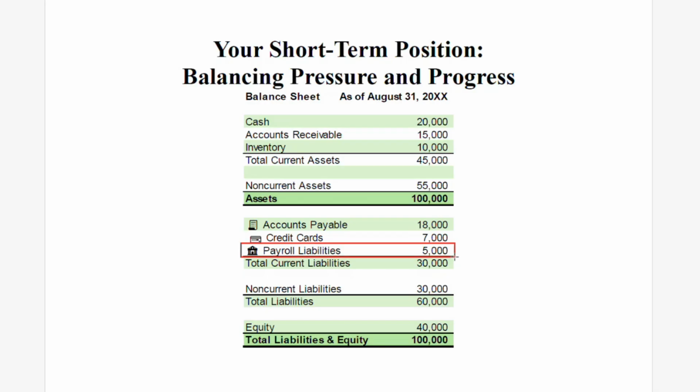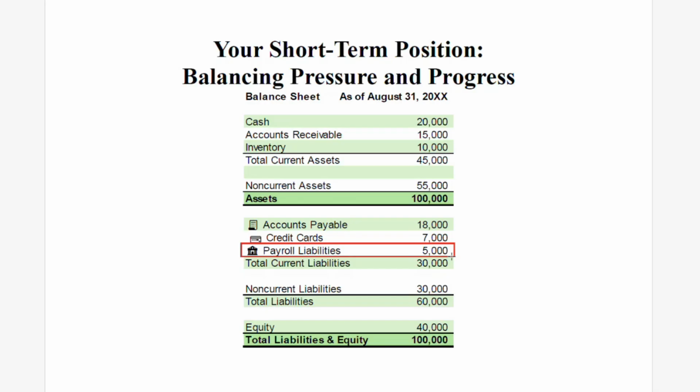So payroll liabilities is what is due to your employees at the end of the month. However, it's paid in the subsequent month, right? So we're coming up to the end of December as I am doing this video. For the work that my team does between, let's say, the 16th of the month and the last day of the month, accounting wise, that needs to go in December.